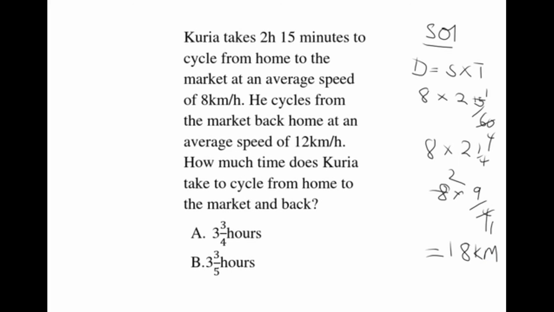Then we are told that he cycles from market back home at an average speed of 12 kilometers per hour. Therefore, for us to get the time, we take distance, we divide by speed. Therefore, we shall have 18 divided by 12. We can simplify by 2, 9, by 2, 6, by 3, 3, by 3, 2. 3 over 2 hours.